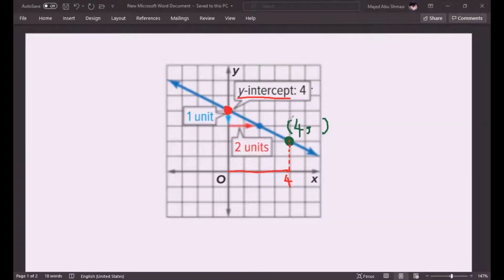The first value always represents the x coordinate, and the second value on the right represents the y coordinate. So we can say that this is x here, and this one here is y. Okay, what about the y coordinate for this green point? How can we find it? We look at the projection of this point on the y-axis.